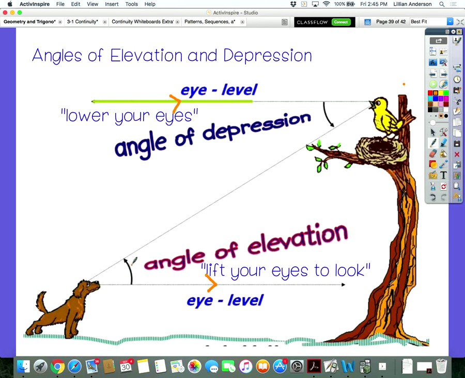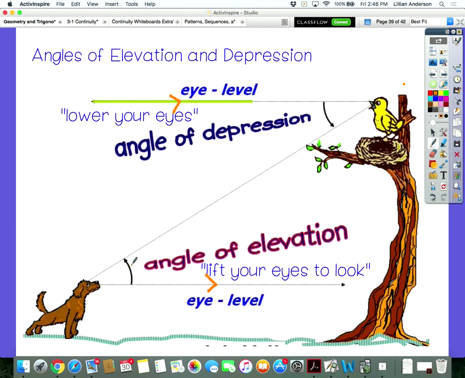Alternate interior angles. And alternate interior angles are formed when you have two parallel lines cut by a transversal. And alternate interior angles are what? Congruent. So yes, your angle of elevation, your angle of depression, depending on the problem, guys, they're going to be equal to each other.